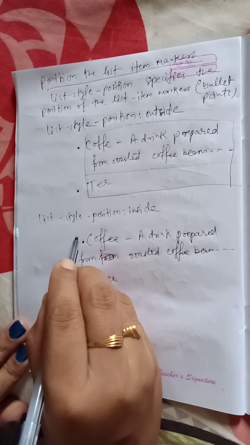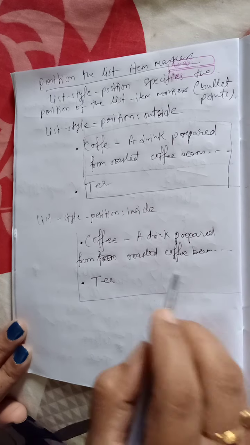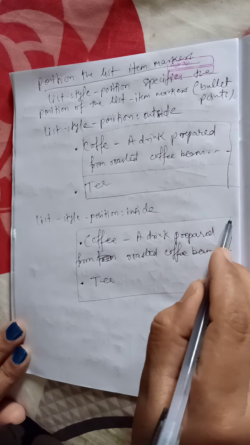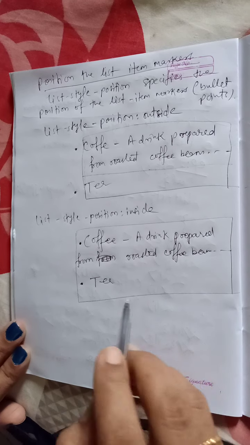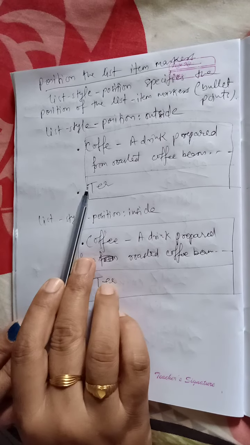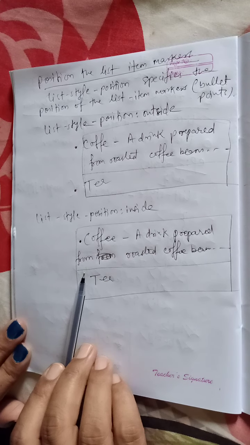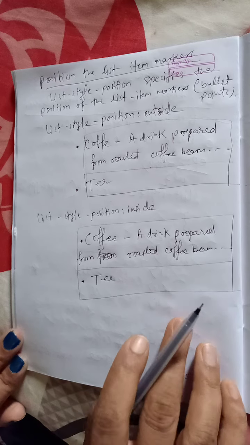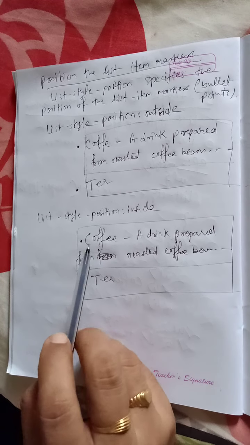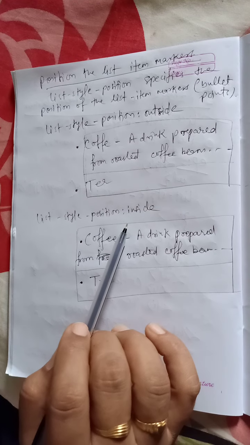So now if I'm thinking of a box with the alignments and all, we can see the bullet is included within the list item. Here the bullet was outside the list item, but here the bullet is within the list item. Okay, so this is the meaning of outside, and this one is for inside.